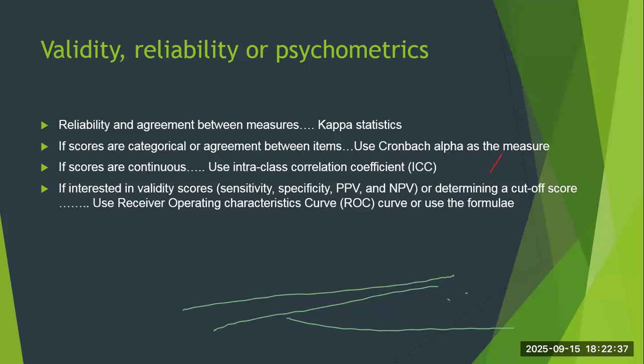For instance, those in gastroenterology may want to look at whether the APRI score can predict liver fibrosis. Now, the APRI score is a set of variables that come together that you score, and a certain score we think can predict liver fibrosis. So, for example, somebody wants to look at the validity of the APRI score in determining whether there is liver fibrosis.